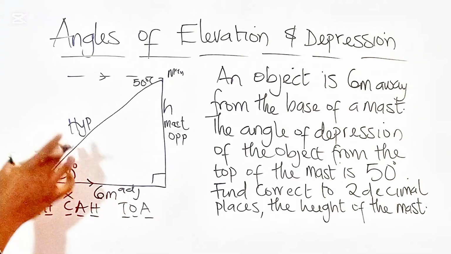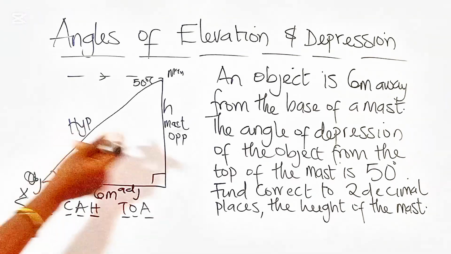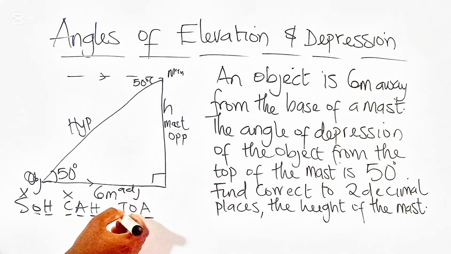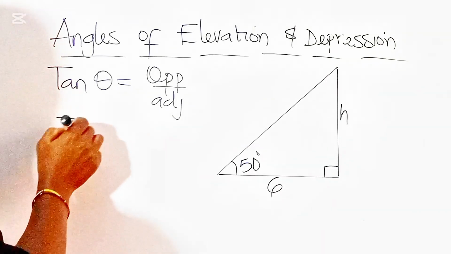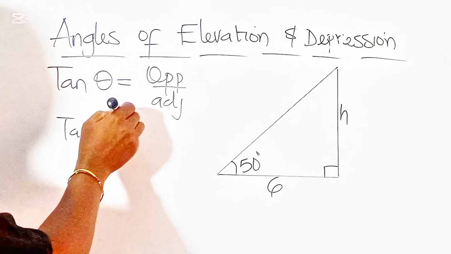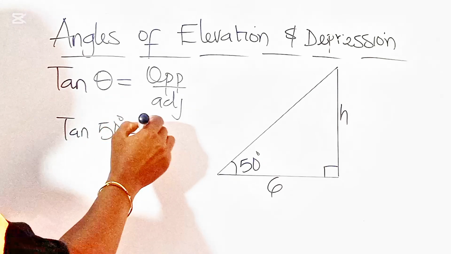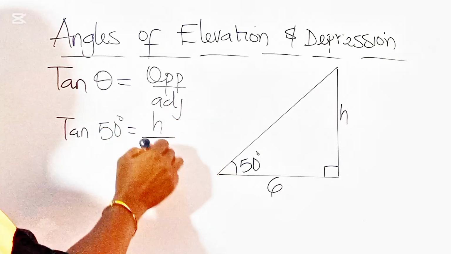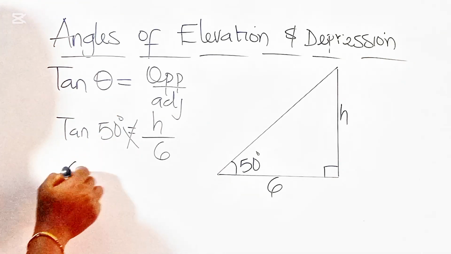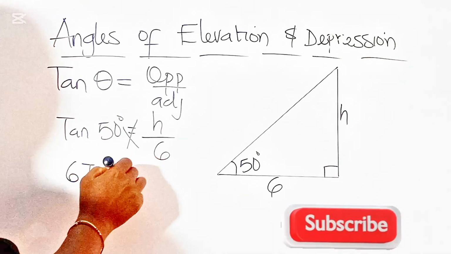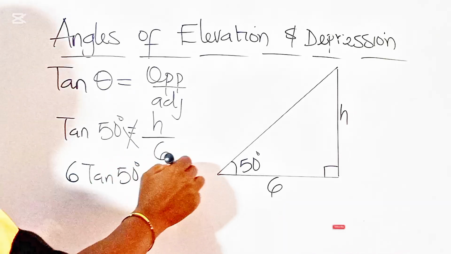So the formula we are going to use to calculate the height of the mast is the tan ratio. So theta here is 50, so we have tan 50 degrees is equal to the opposite side, which is the unknown, all over 6. So we cross multiply. We have 6 tan 50 degrees is equal to h.